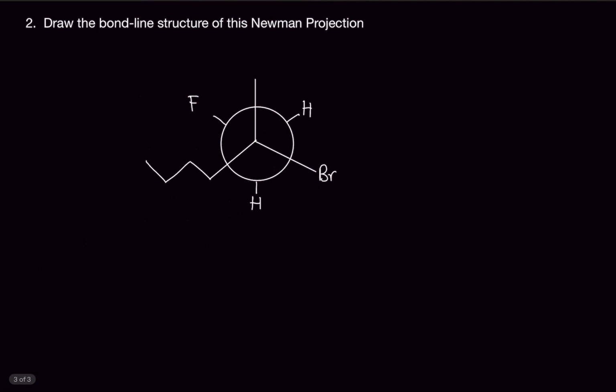All right. Draw the bond line structure of this Newman projection. This is kind of a dumb question because there's a gap here. Usually, when you're given Newman projections, you are told if this is either a hydrogen or a methyl group. I don't know, so I'm going to assume it's a hydrogen.